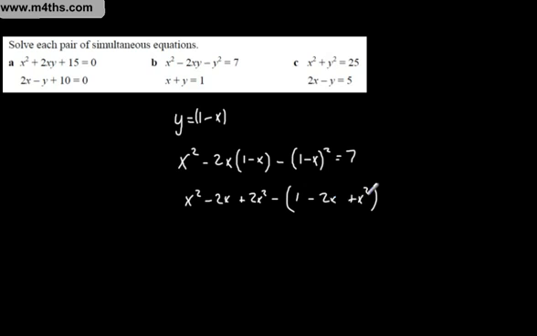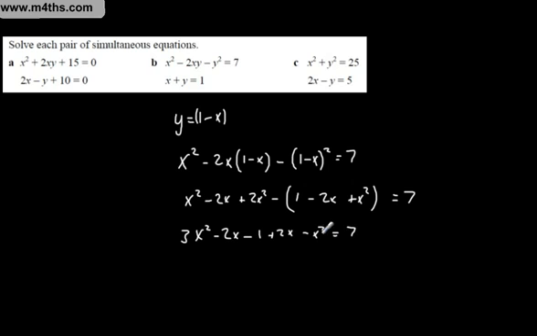Okay? Just be careful on that part, and then that's going to equal 7. And I am going step by step in this. So we can have 3x squared minus 2x minus 1 plus 2x minus x squared is equal to 7.